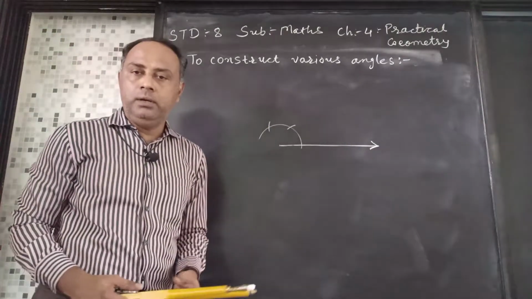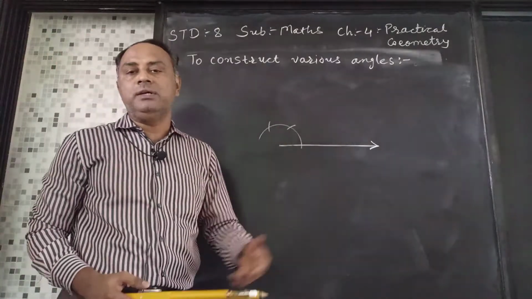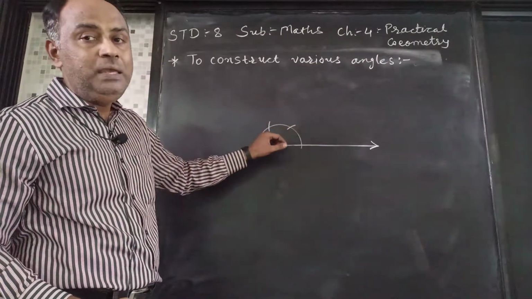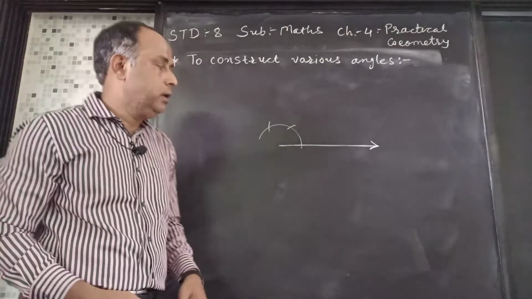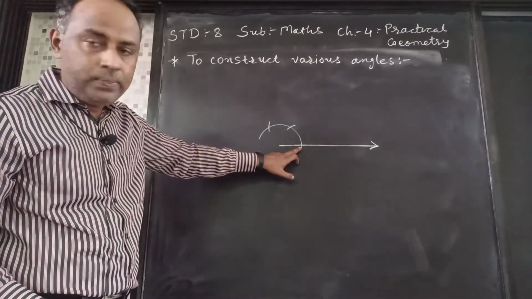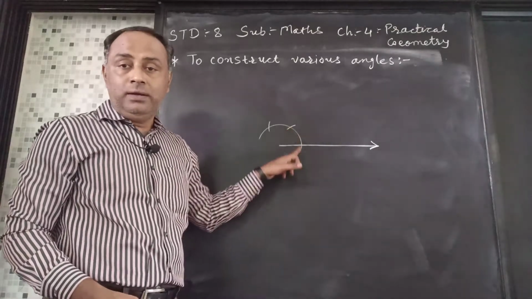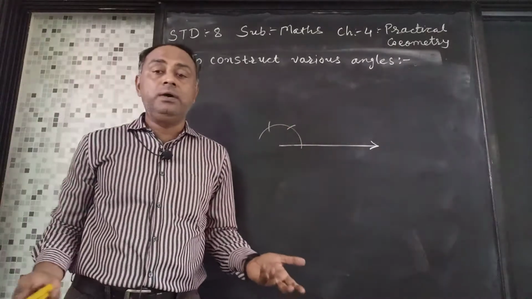And now let me tell you, as we are learning, that from now onwards we can take the mean of all these angles. Like what I am saying, this is 0 degree and this is 60 degree. So if I take the average of these two, what will be 0 plus 60 divided by 2?